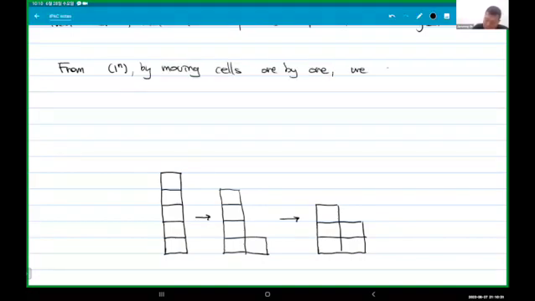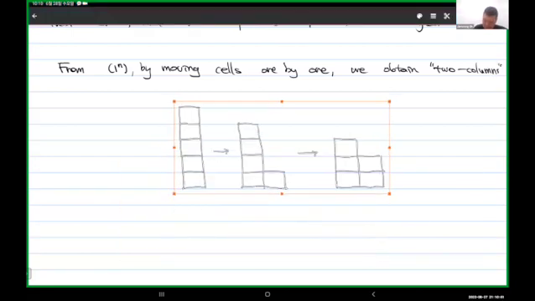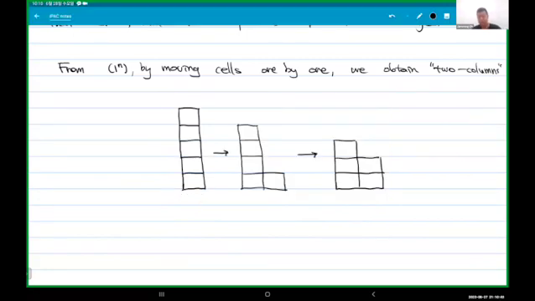We obtain two column partitions. Like this, starting from this one column partition, we move a cell from the first column to the second column, and we do the same thing for this partition to obtain this partition. In this way, we can obtain all two column partitions. So we may want to follow this procedure and find which term changes in a combinatorial interpretation.